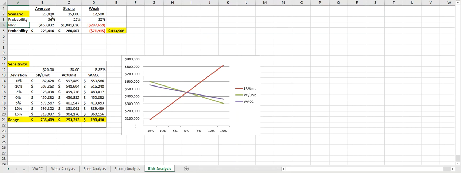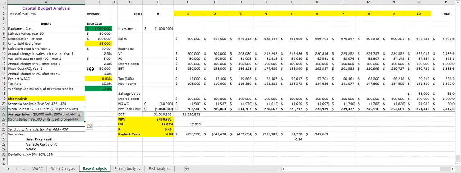Taking into account those NPVs and weighing them by the probabilities, here's our weighted probability, and if you add them all up, it still looks like this project is going to be making money, assuming the likelihood of average, strong, and weak sales. That's the scenario analysis.